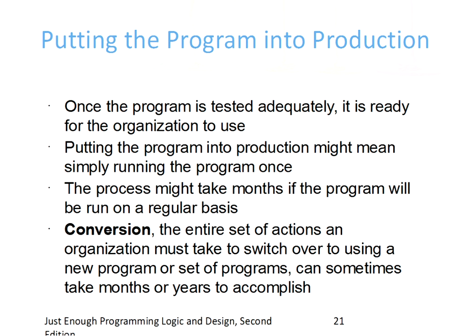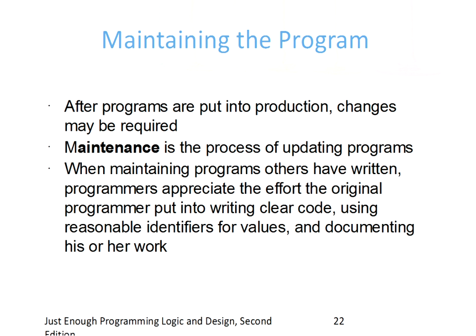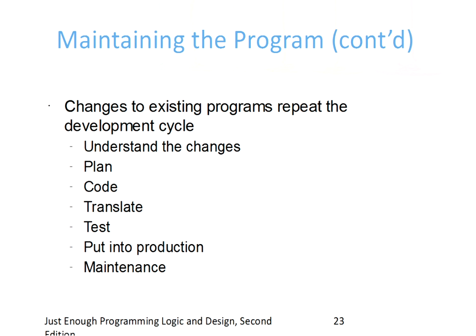Okay, so this might take a long time. This is not something that you can sit down with in 5 minutes and have everything worked out in a short amount of time. So it's a process, and afterwards you have to maintain the code. Maintaining the program also has its life cycle, right?